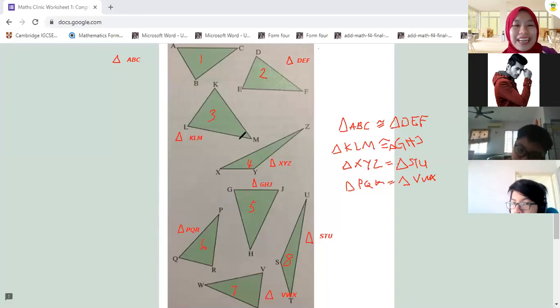I told you, if you want to rename the triangle, make sure that it is in alphabetical order. Your friend said they don't know how to rename a triangle. Between XYZ and ZXY, which one is correct? ZXY or XYZ? Use alphabetical order. X comes first, Y comes later, Z comes last.